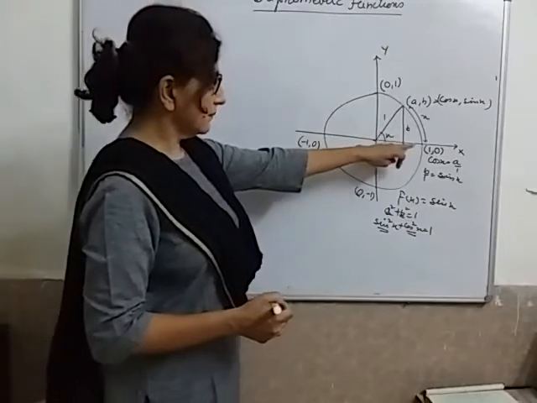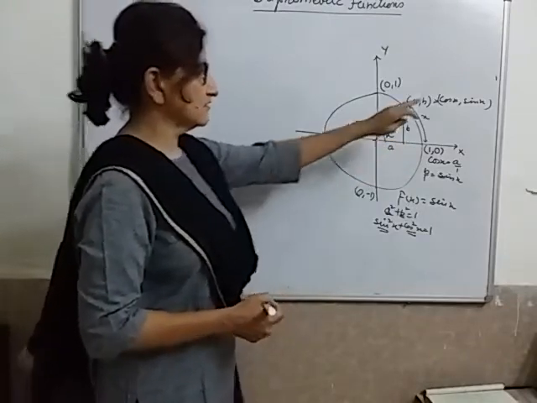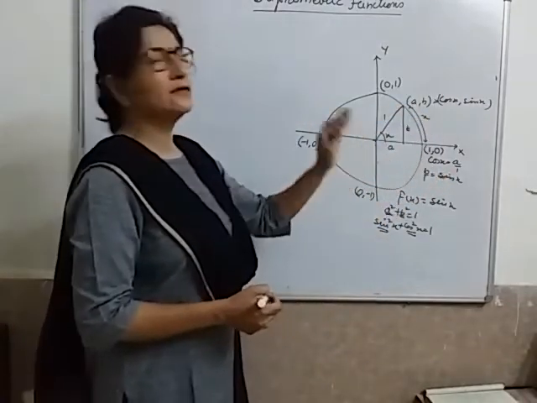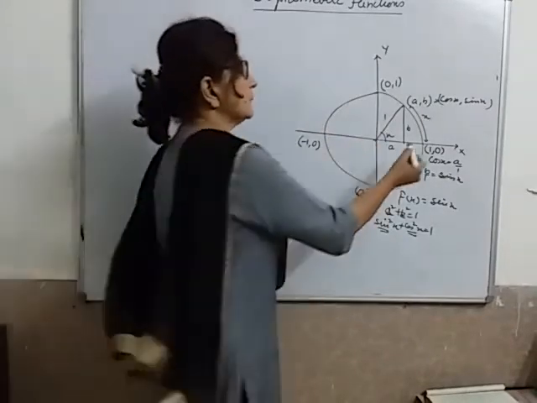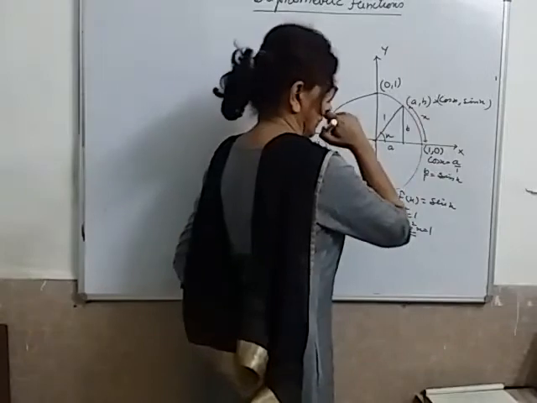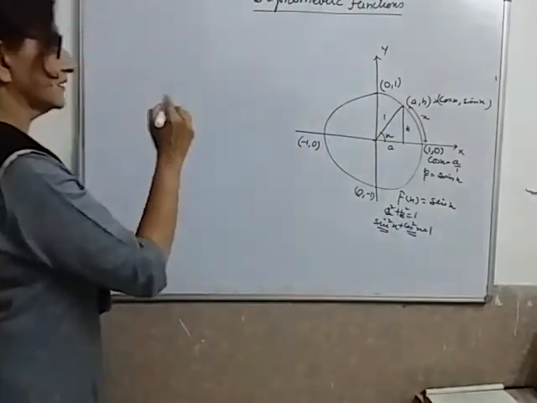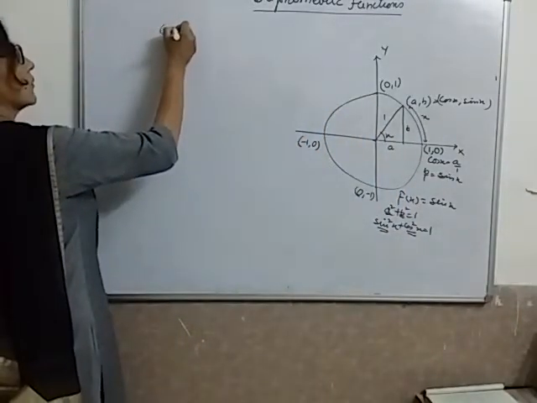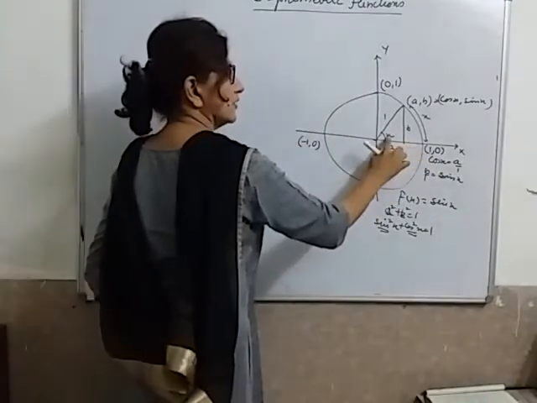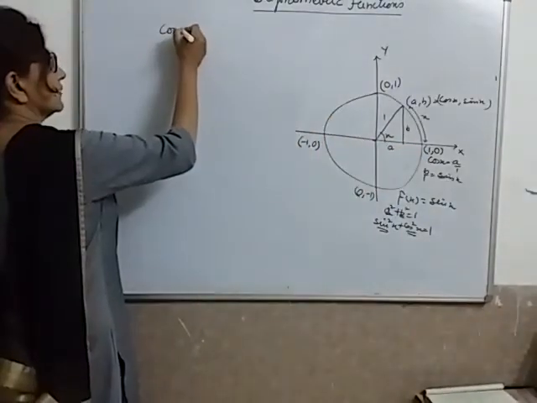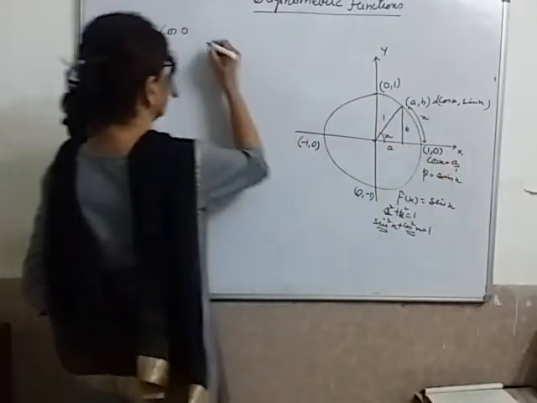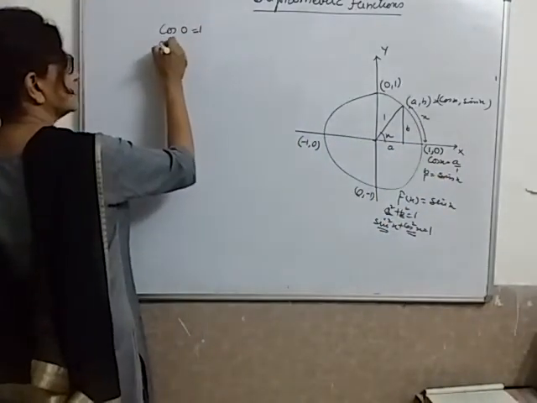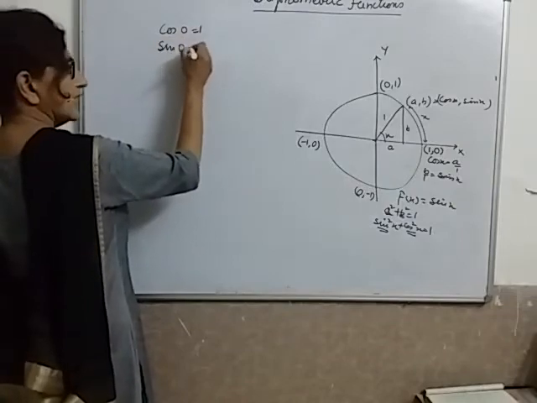Now again coming back to my values of cos x and sin x, different values at different values of x radians. In the beginning it is (1, 0). Please see something very interesting. When here angle is 0, means my value of x is 0 radians, the value of cos x is 1 and sin x is 0.